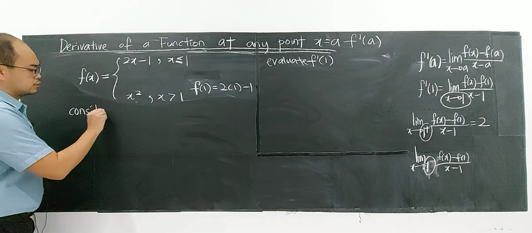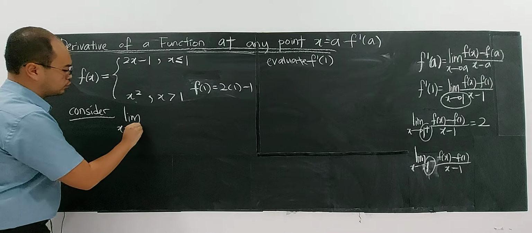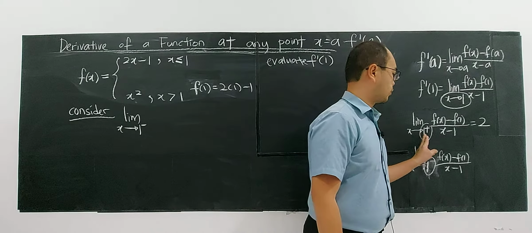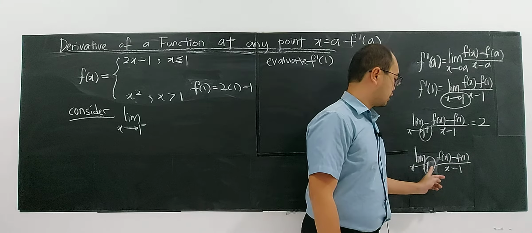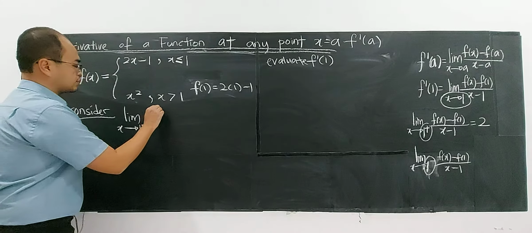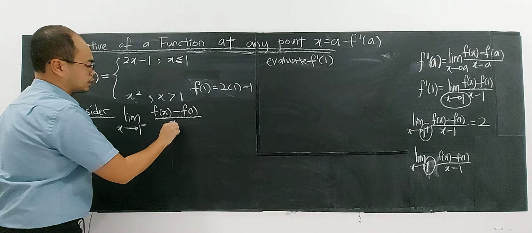Just now you found that from the right you get 2, so now you just need to know from the left. So what is the function? f(x) minus f(1) over x minus 1.